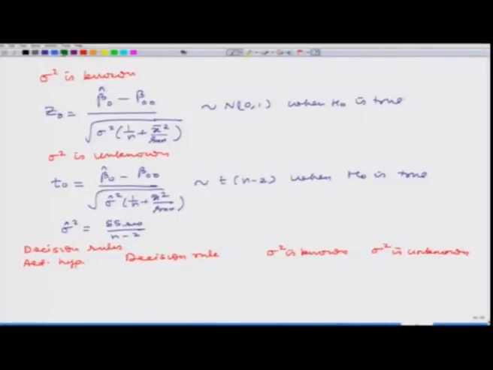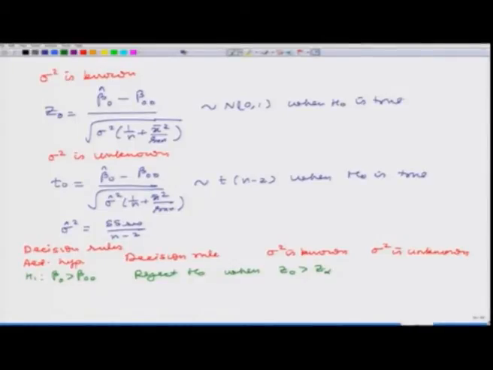First case: suppose the alternative hypothesis is H1: beta 0 greater than beta naught naught. In this case, the decision rule is to reject H naught when, in case sigma square is known, the value of Z0 is greater than Z alpha, where Z alpha is the alpha percent point on the right tail of the normal 0, 1 distribution.